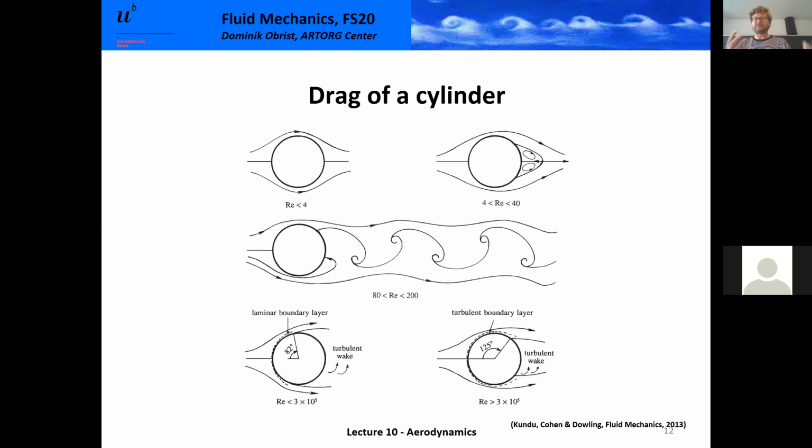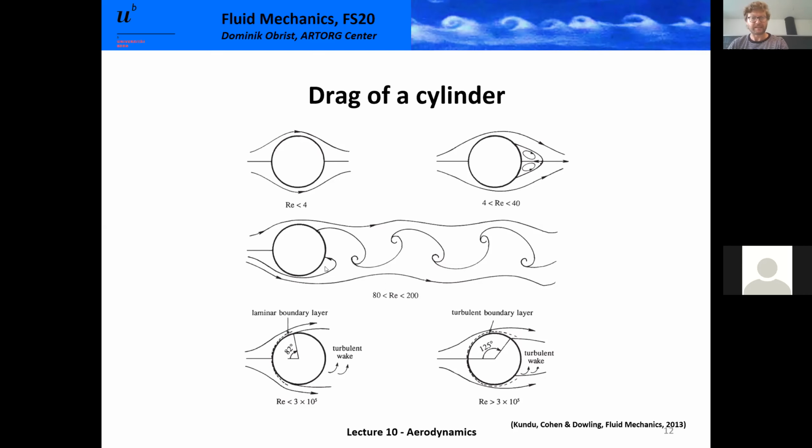Yes, we lose a bit due to increased friction drag, but overall, we reduce the total drag because we massively reduce the pressure drag. And that phenomenon is known as the drag crisis of a cylinder or of a sphere. It's also happening on a sphere.